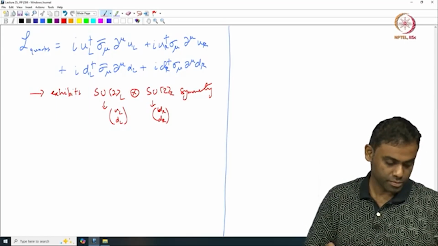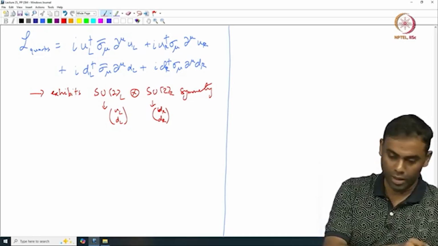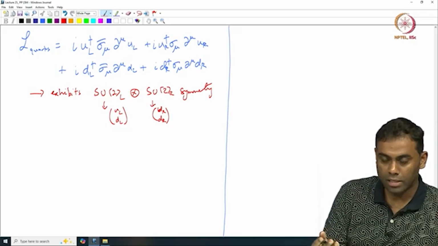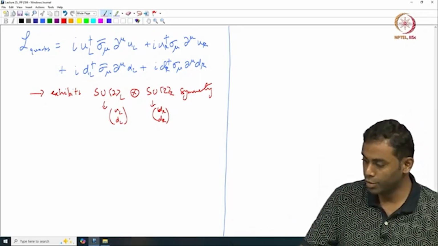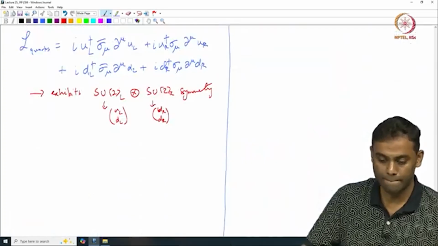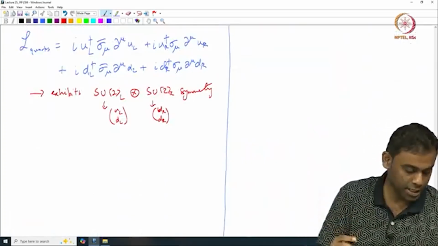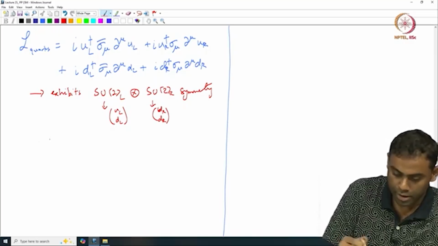And what happens is that this is exactly what we saw as dynamical symmetry breaking. As the universe cools down, you spontaneously break the chiral symmetry.